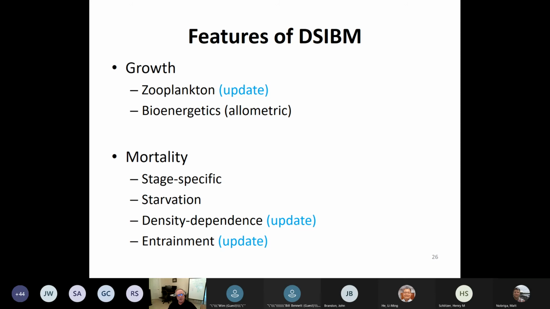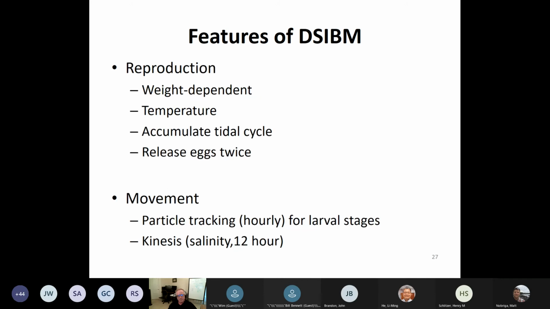So the model is now going on, when we first started it, 20 years. And so there's a lot that's been done in 20 years or 15 years since we last really worked on it. Reproduction is weight dependent, temperature dependent.